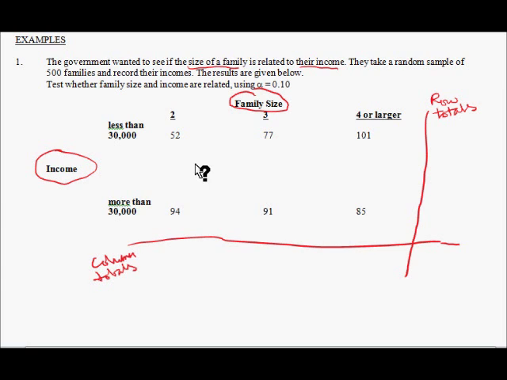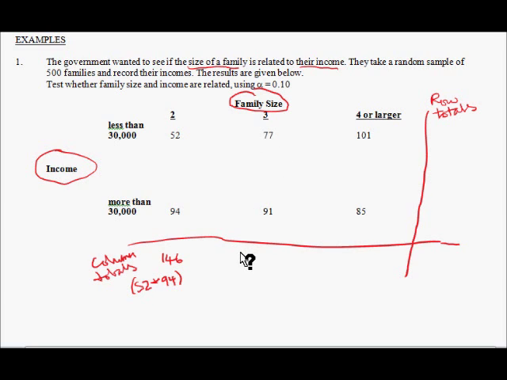So I'm going to add these up. 52 plus 94 is 146, right? So that tells me there are 146 families out of the 500 with only 2 in the family.